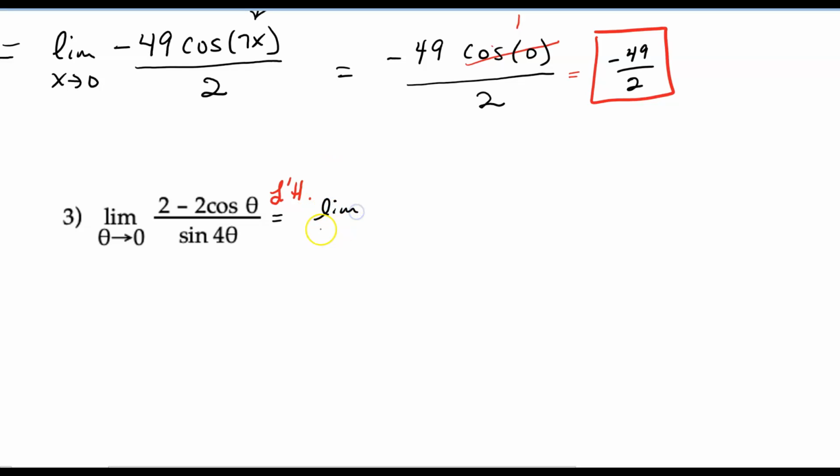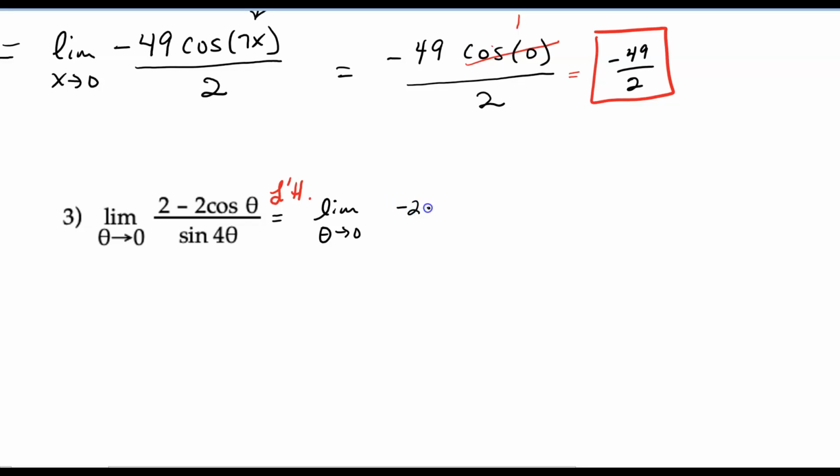We have the limit as theta now approaches 0. The derivative of 2 is 0. -2 is the coefficient of the cosine of theta. The derivative of cosine is negative sine, so it's going to be a negative sign.